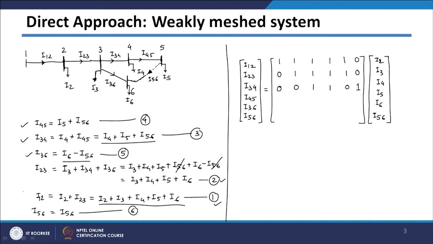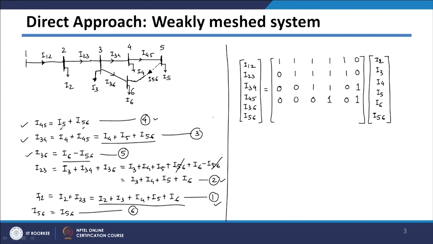If you see equation number 4, I45 has only 2 terms, which are I5 and I56. So here I will get this I5 related term. All these other currents are 0, and here also it is 0, and then here we are getting 1.